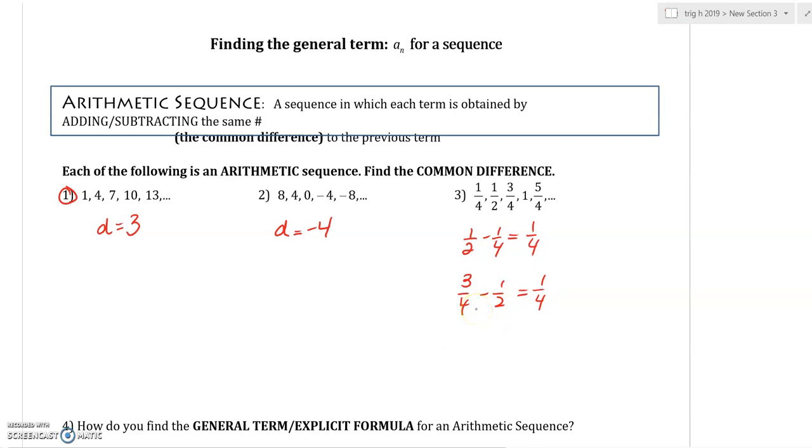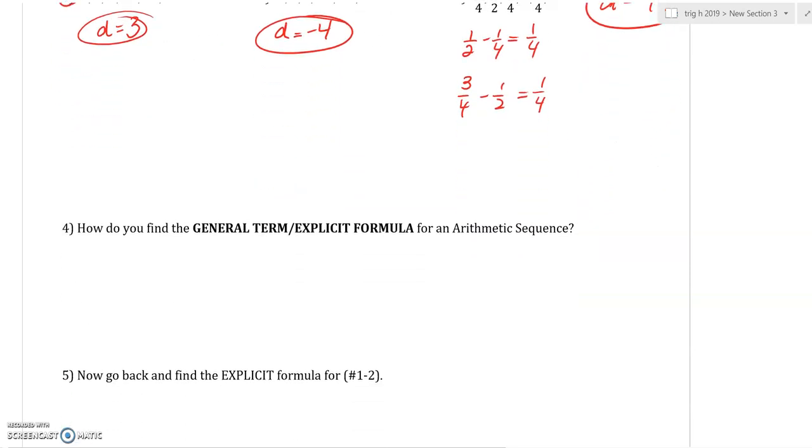Okay, so now notice for number 2, the common difference is -4, and for number 3, 1/2 minus 1/4, 3/4 minus 1/2, 1 minus 3/4, they all have the same common difference of positive 1/4. So now that we found the common differences, let's talk about a general formula.